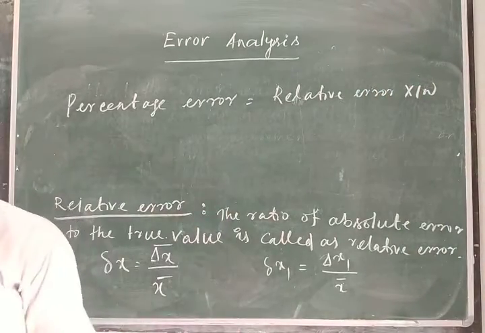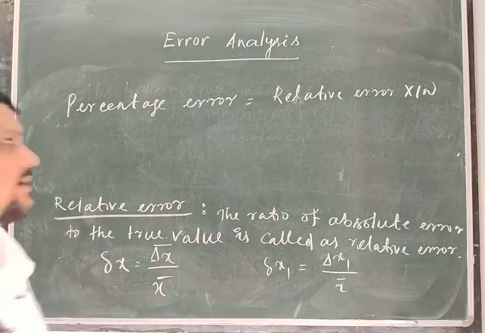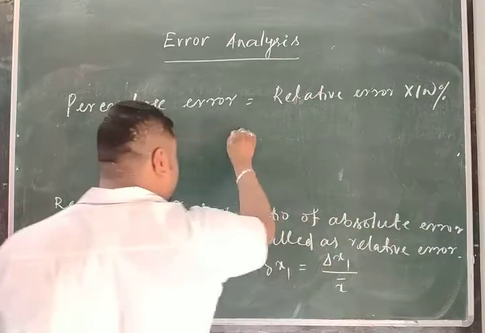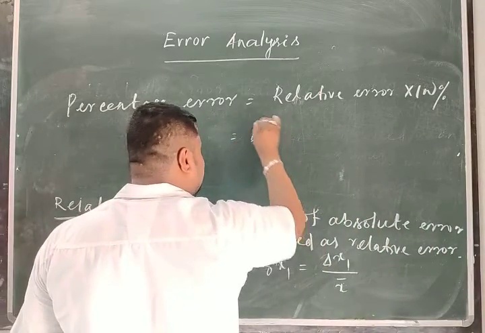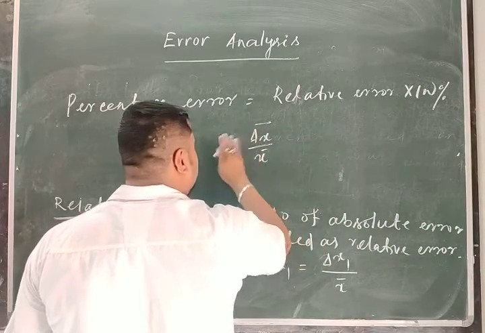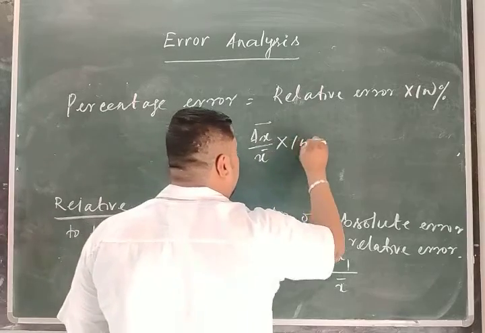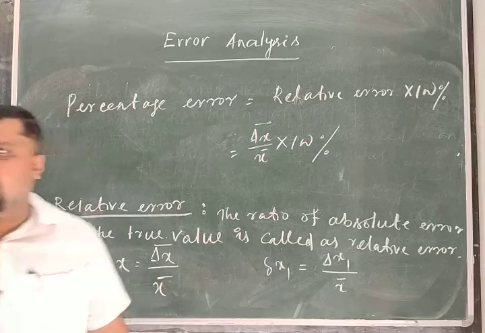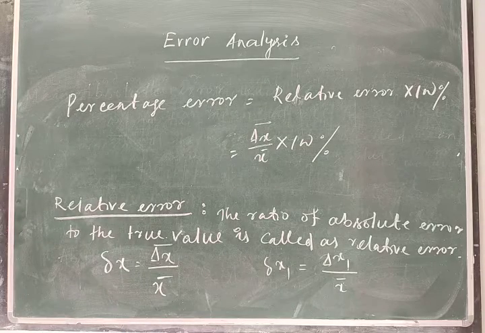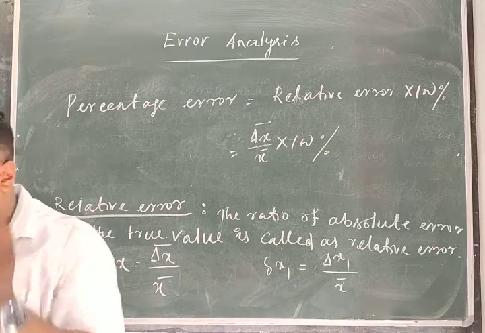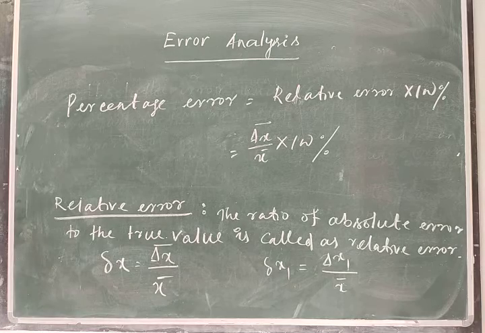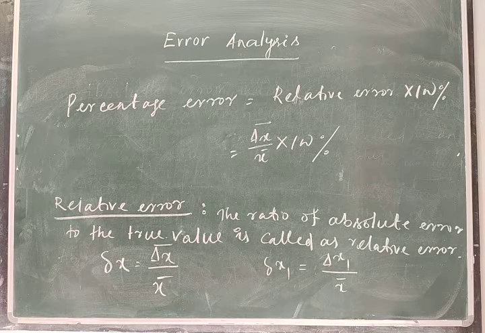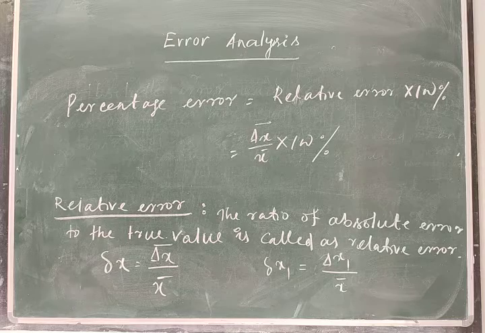So relative error is delta x bar by x bar, and percentage error is delta x bar by x bar into 100%. Clear? So these are the error analysis in your random error.